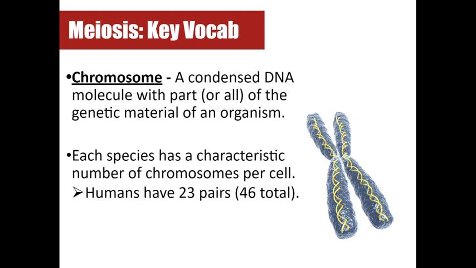So us, for example, as humans, we have 23 pairs of chromosomes, or 46 in total. That is what is considered the normal amount of chromosomes. Now, there are some instances where people won't have the 46 in total. They might have 47 or 45, or anything else could happen.